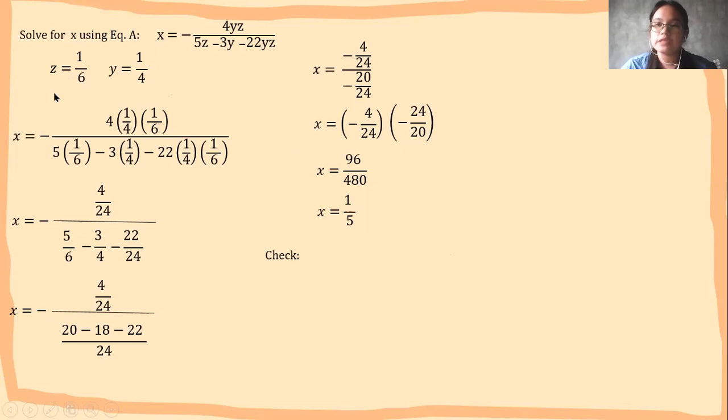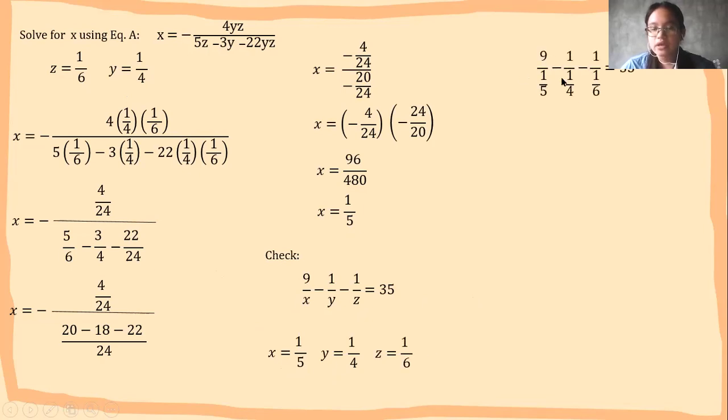So our value of z is 1/6, our value of y is 1/4, and our value of x is 1/5. To check if our answer is correct, let's substitute all the variables into this equation, our x, y, and z. So 9 over 1 over 5th minus 1 over 1 over 4th minus 1 over 1 over 6th is equal to 35.